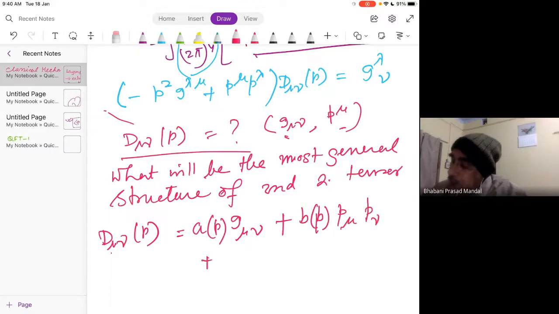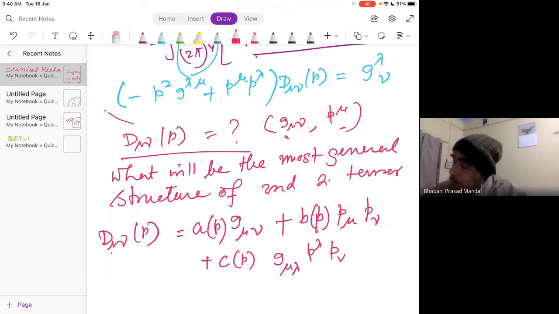Now let us think of any other possibility. I can have g mu lambda p lambda, and say p nu. Okay, this is possible. This is contracted; I have two indices, and I have to match two indices, mu and nu.